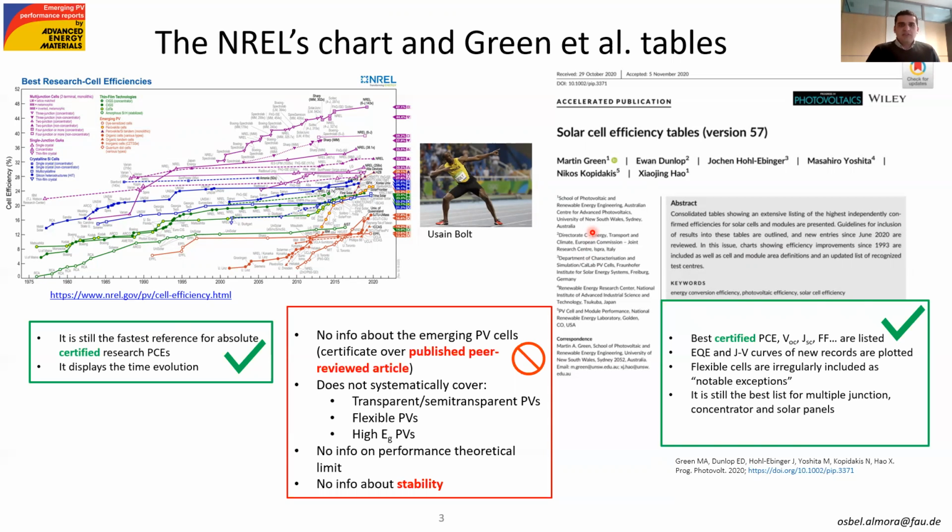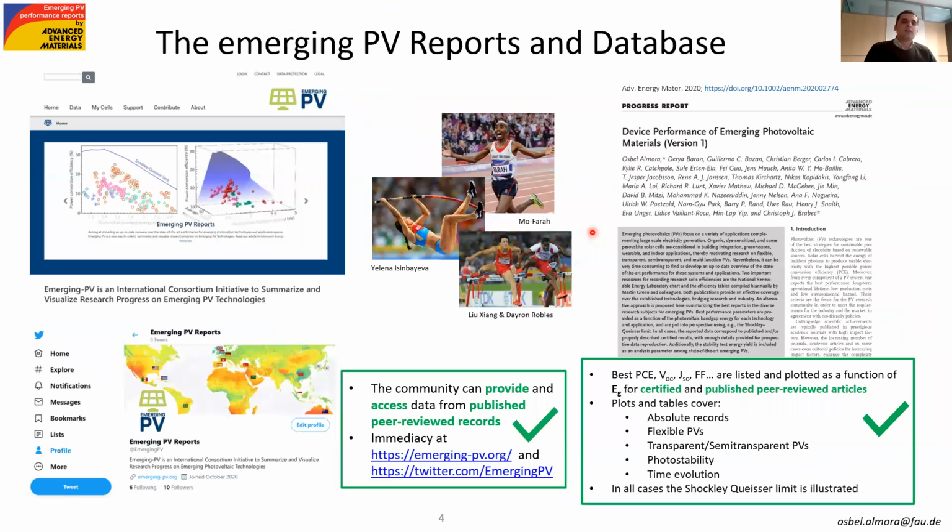So the alternative, the Emerging PV Reports, proposes, okay, let's enhance our reach, and let's first provide a website in which you can submit your already published results, and we will be able to store them and provide you with access and extra features for the data representation.